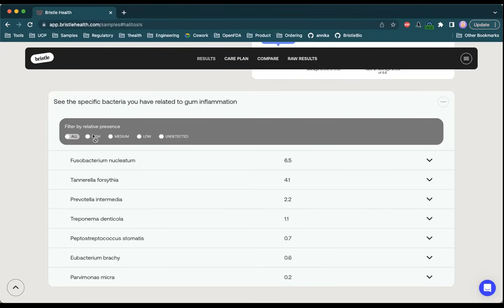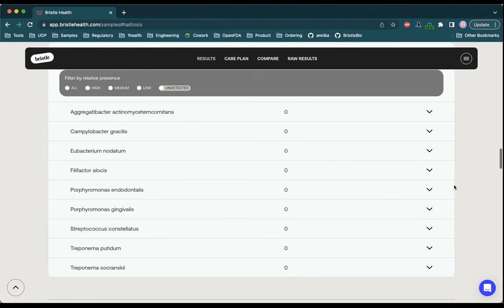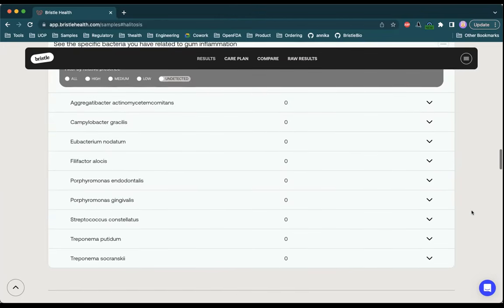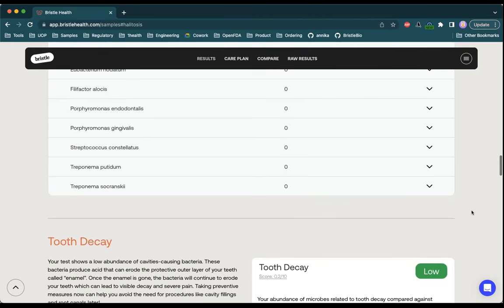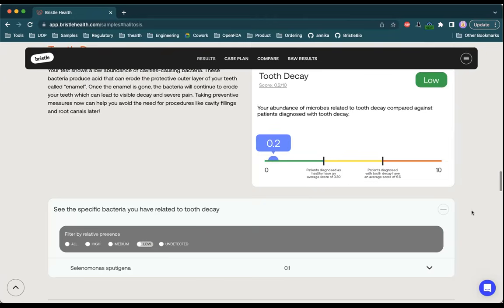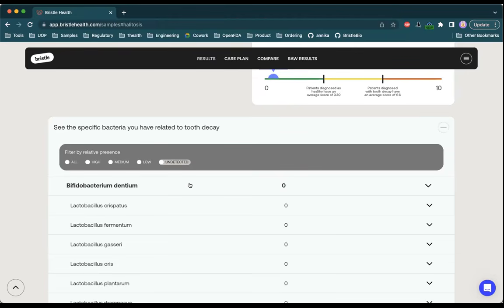So you can see not only all the microbes that are in your mouth, but also the ones that were undetected. We test for a lot of other things that you may not see, and you can see those all under each of these scores. And that's not necessarily a good thing. Could be a bad thing because you want certain bacteria to help knock down some of the ones that you have levels that are too high.